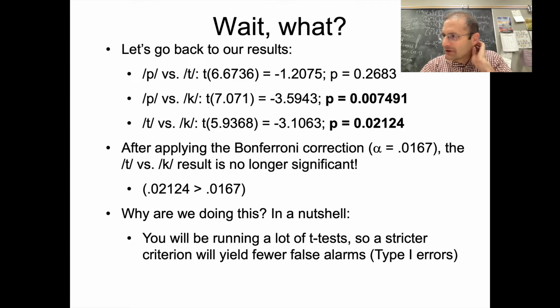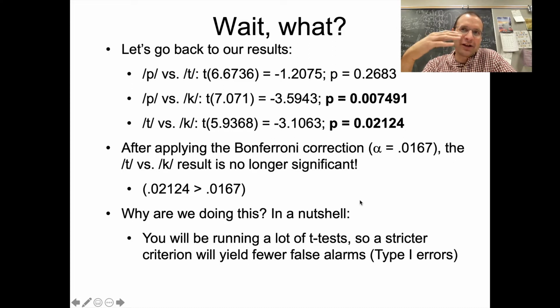And the worry there is that you might get a lot of false alarms or type 1 errors out of the results of your post-hoc tests if you're just running like 20 or 30 or even more than that, right? Normally our criterion is set so that we only get 1 false alarm out of 20 significant results, or one false alarm out of 20 t-test results.